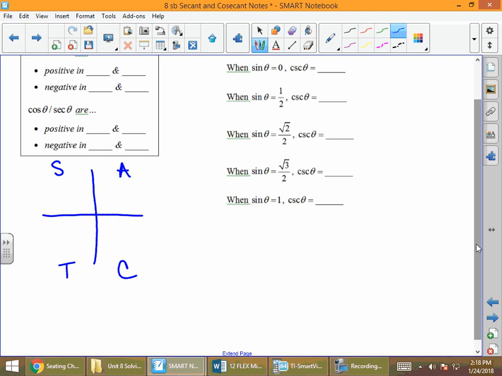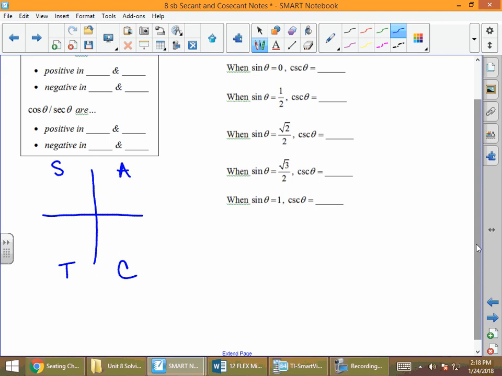But we were learning some techniques to help us remember things about the unit circle. And what we said is, All Students Take Calculus. And what that means is that all functions in the first quadrant are positive. And that includes cosecant, secant, cotangent, along with your sine, cosine, and tangent.